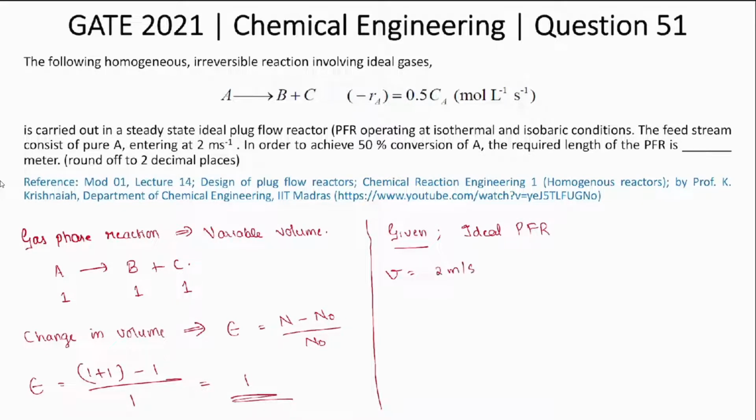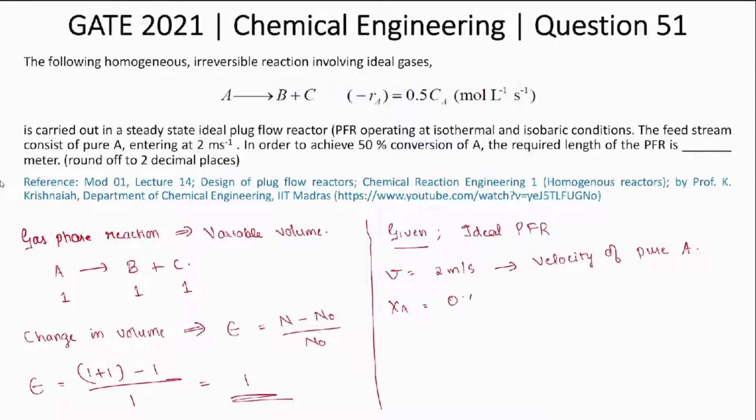Then they have given v equal to 2 meter per second, which is basically the velocity with which the pure stream of A is entering the reactor. Okay. So this, you can see the unit is meter per second, so you should be guessing that it should be velocity.